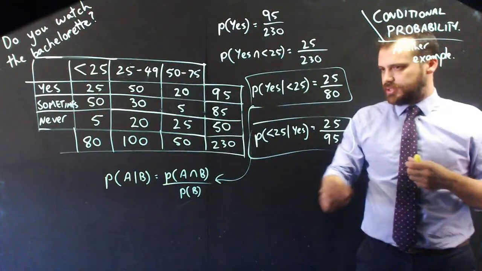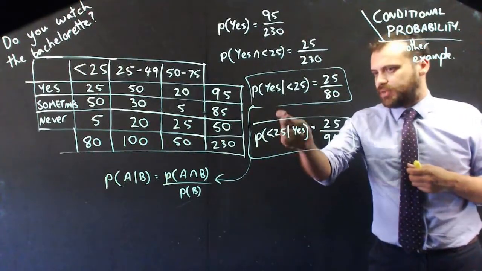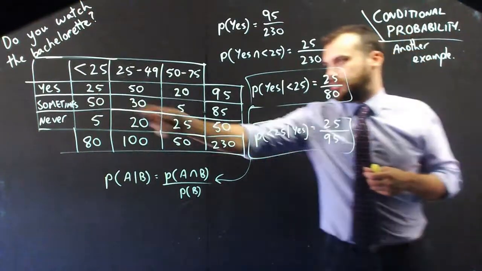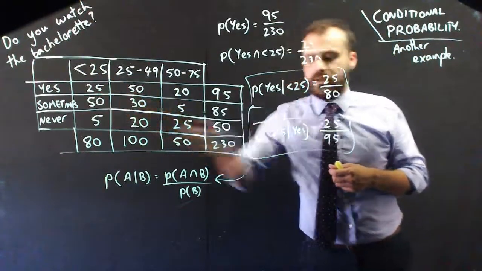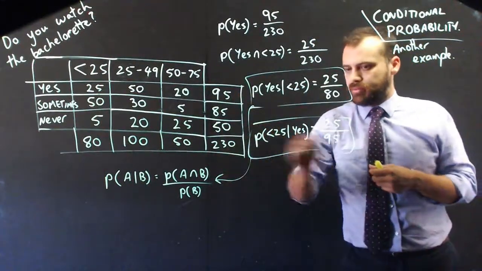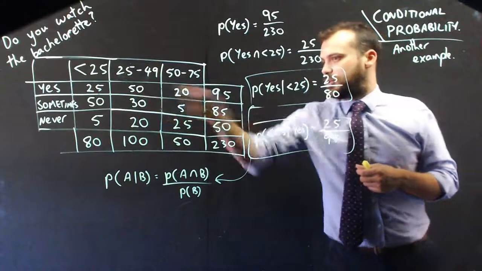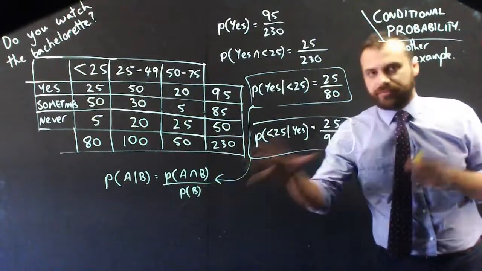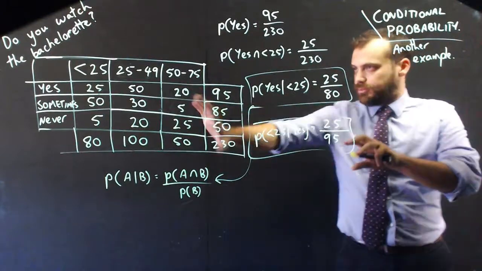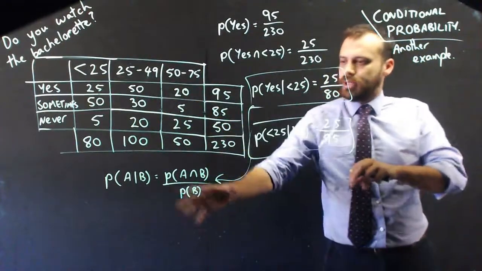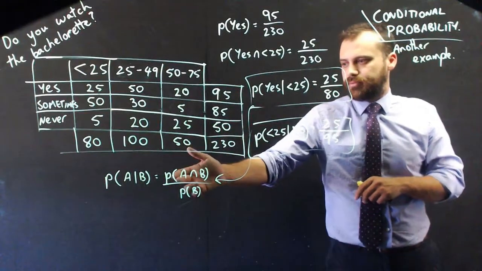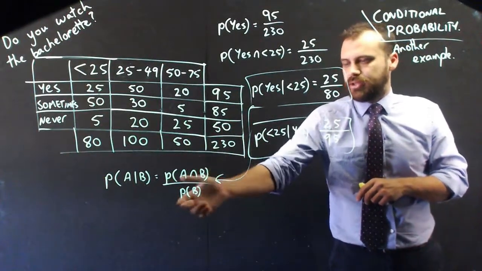And in the other case, the probability of less than 25 given yes is equal to less than 25 and yes over yes, which is 95, the probability of A. So it's worth noting that even though I was sort of working here and I didn't really mention this formula, that's really what's happening. It's the probability of A and B over the probability of B.